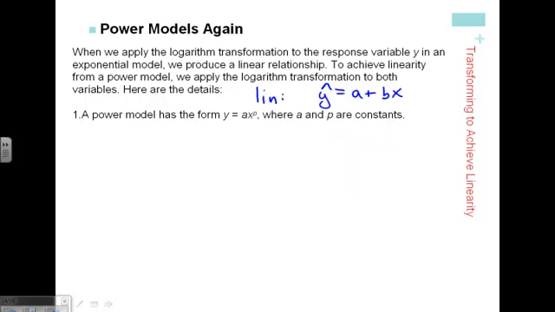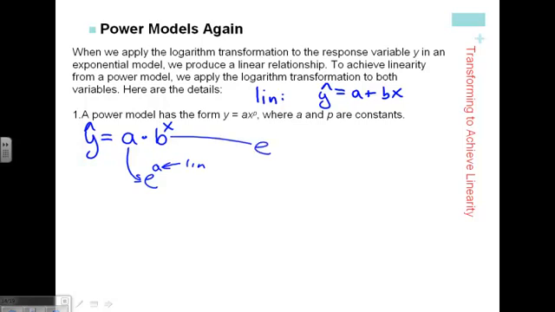Oh, you know what? On that previous slide, I forgot to tell you the shortcut. If we're looking for B to the x, when you do the linear regression, the number A always comes from e to the A, where A was from the linear model.